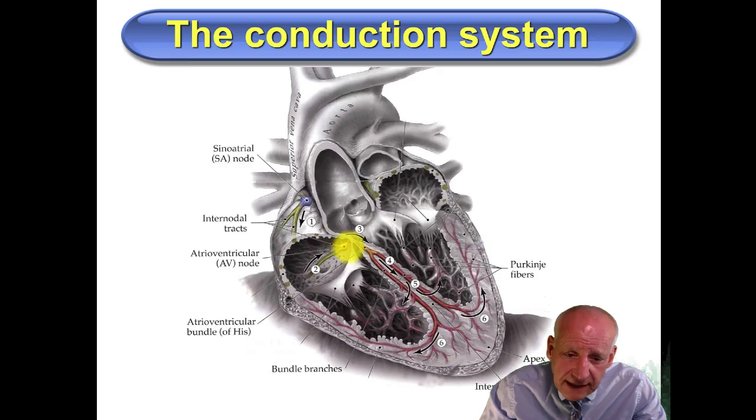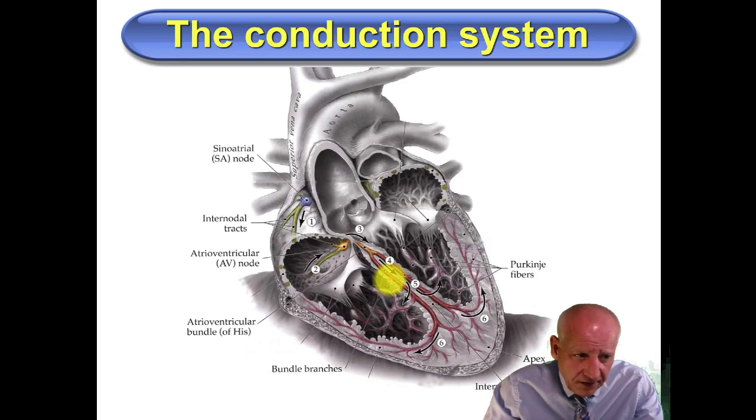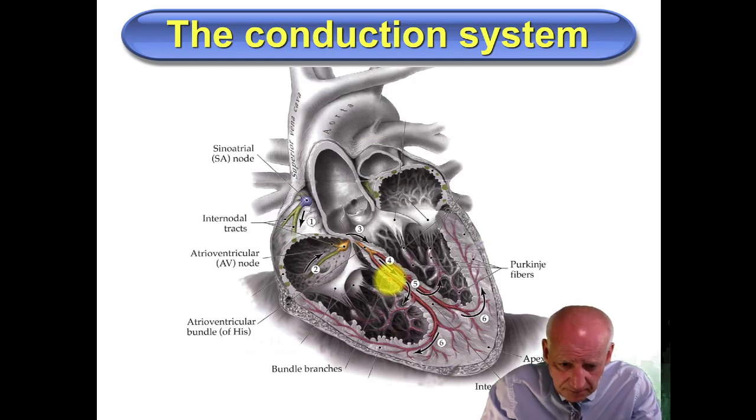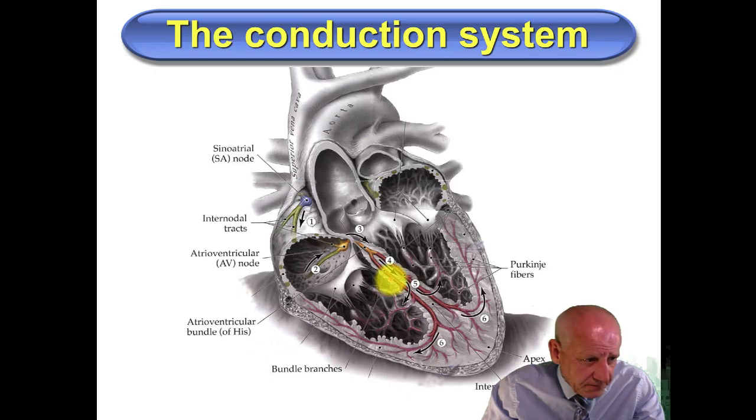And this delay allows the atria to contract and top off the ventricles at the very end of filling. So the AV node serves as a spatial and temporal bottleneck for the excitation of the ventricles, a spatial and temporal bottleneck for excitation passing into the ventricles.